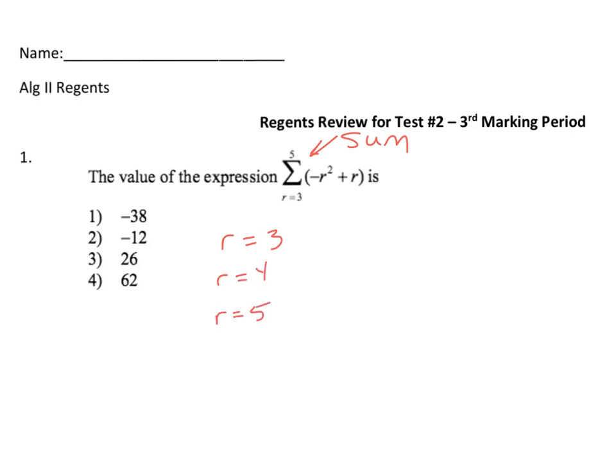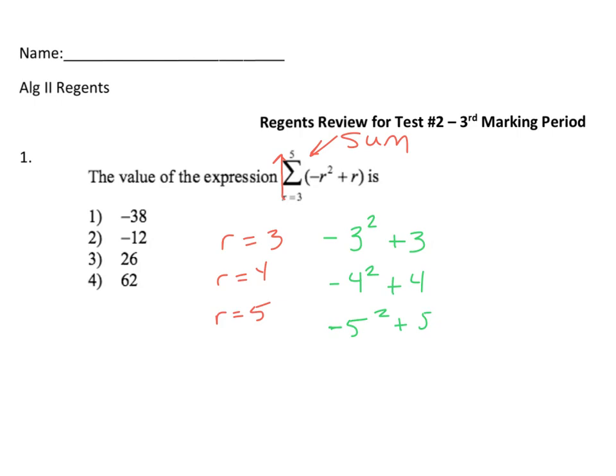Like in class, the way that I visualize it is that this is a ladder, and I have to go up every single rung to get up to the fifth rung of the ladder. So I'm going to plug in r with the 3 first, then plug in r with the 4, and then plug in r with the 5.